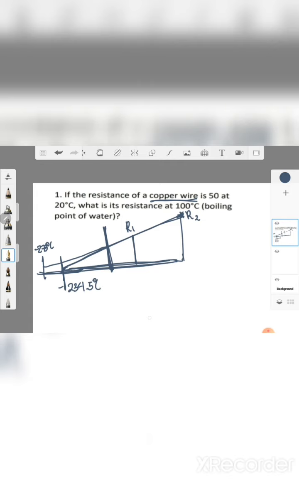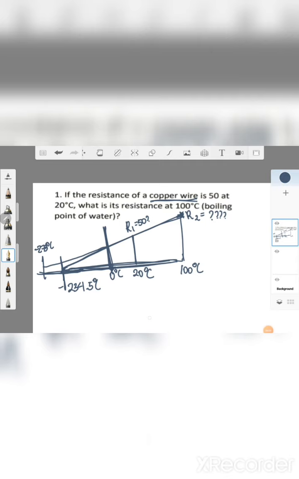Okay, so we have our 0 degrees Celsius, 20 degrees Celsius and 100 degrees Celsius. Also, we have your R1, which is equal to 50 ohms, and your R2, which is unknown. So therefore we may solve.